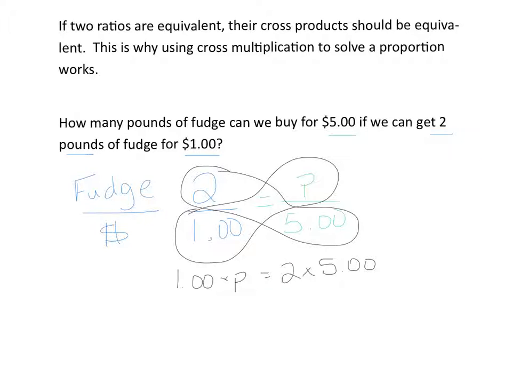It simplifies life way easier on you, and it makes sure that you don't get confused about what to multiply, because there's going to come a time when it is a little more difficult. So $1 times p is going to be 1p, and 2 times $5 is $10, or is 10 pounds, excuse me, 10 pounds. And so we get that we can get 10 pounds, which we knew because we solved it 3 different ways up top.